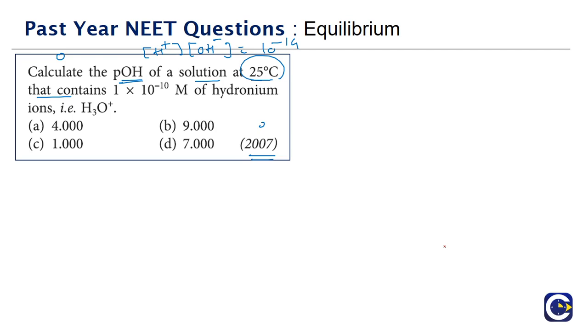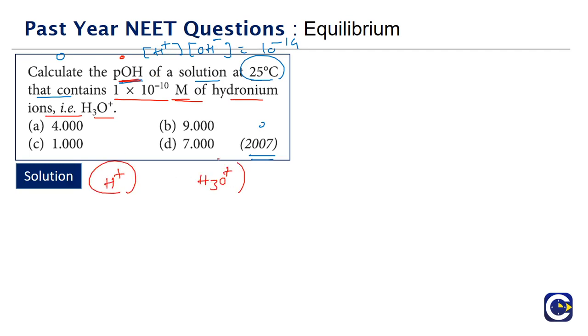So look at this, we have to find the pOH of the solution that contains 1 into 10 power minus 10 molar of hydronium ions. So here they are not talking about the H plus, they are talking about what? Hydronium ions. This question is a little bit different.